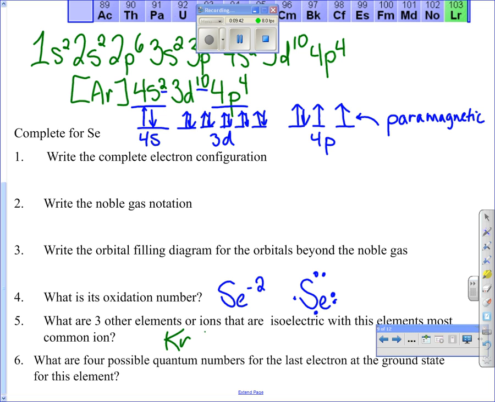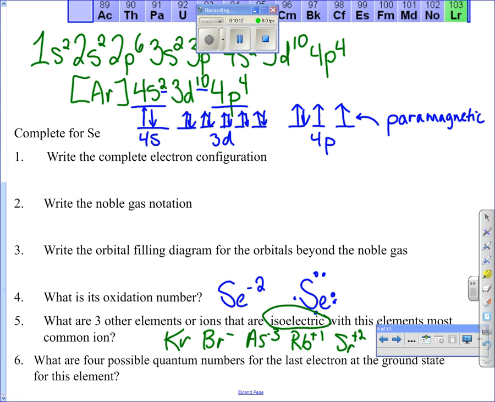So then Br -1, As -3, Rb +1, Sr +2. Again, isoelectronic means same electrons, so those guys would have the same electrons. So for my Chem 1, that's the basics that you have to do.